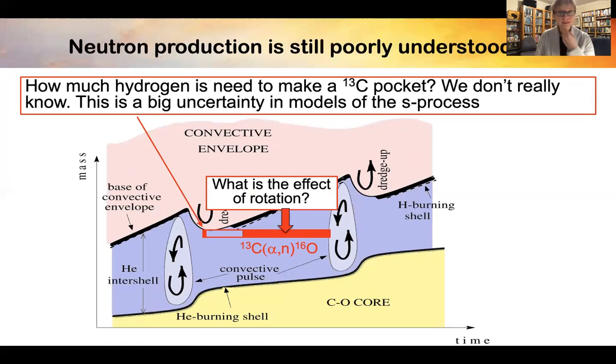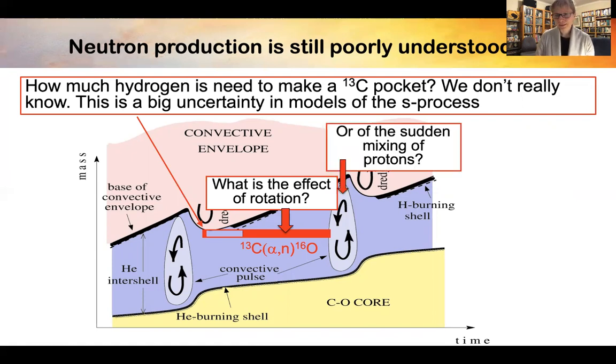Maybe by the time the stars get to the thermally pulsing AGB phase, the core has slowed down enough, or something else like magnetic fields, like Maurizio Busso discusses, has slowed down the rotation or is counteracting its effects, and it doesn't essentially affect the S process too much. Anyway, lots of open questions still.